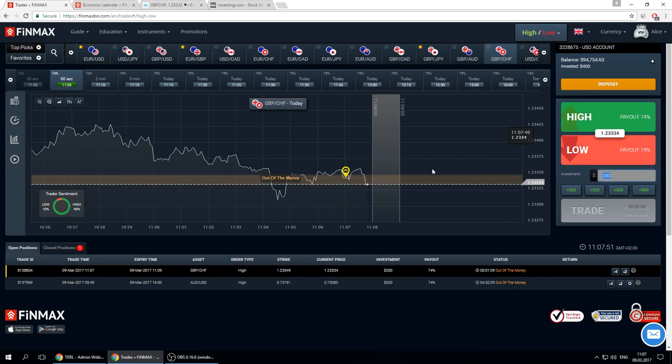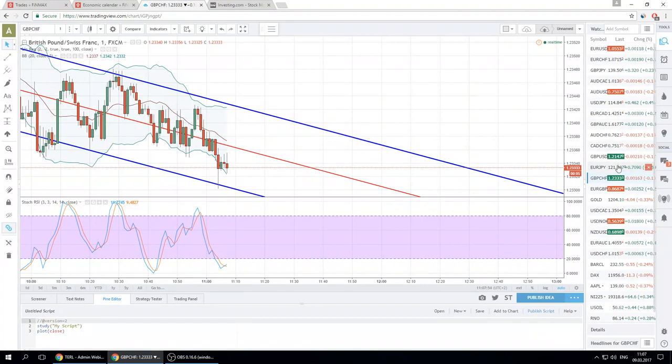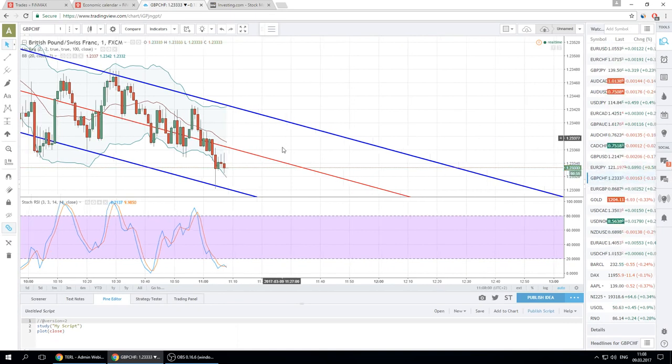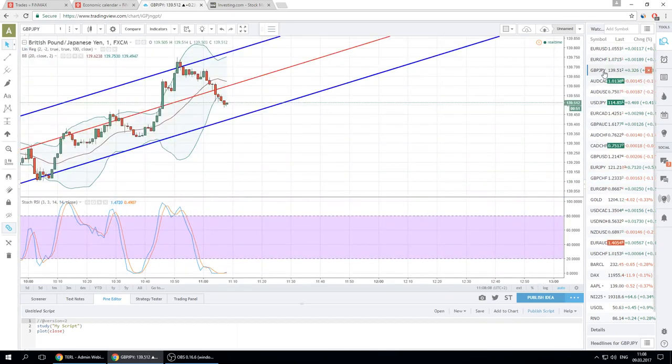Let's prepare for the second trade. As we see, the situation has changed on the market, and right now we see the red candles. Let's see what we have here. Well, there is also pretty good potential within the short range for the British pound to grow.